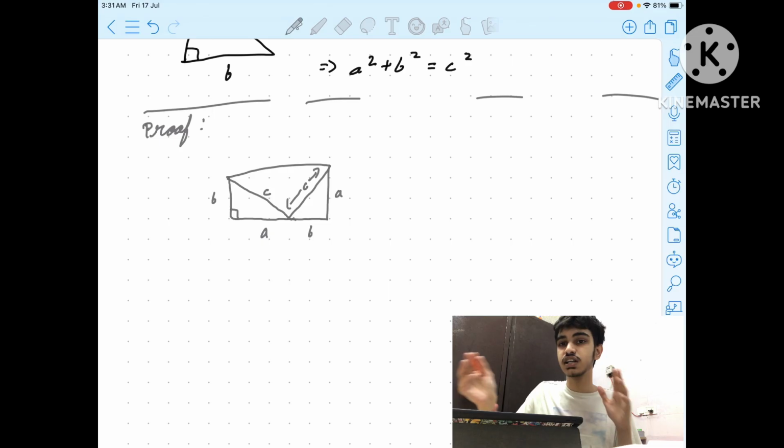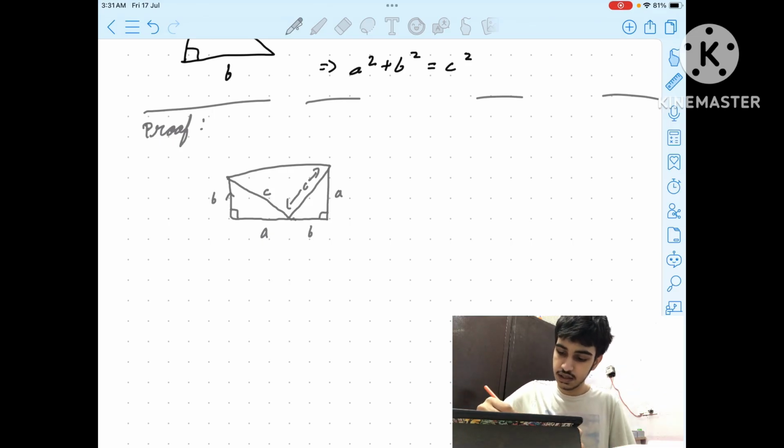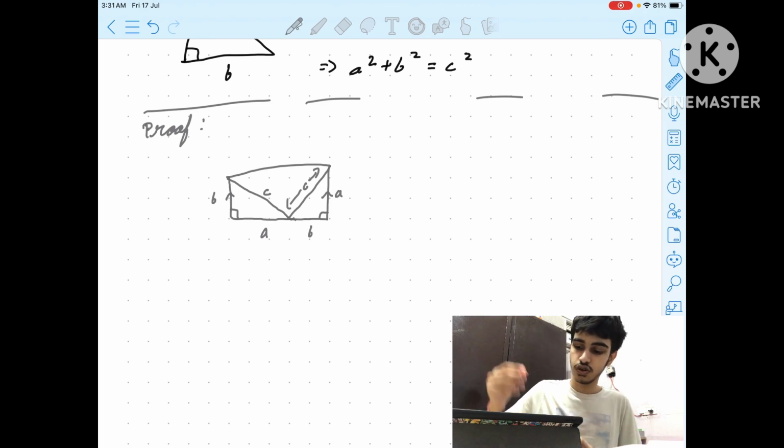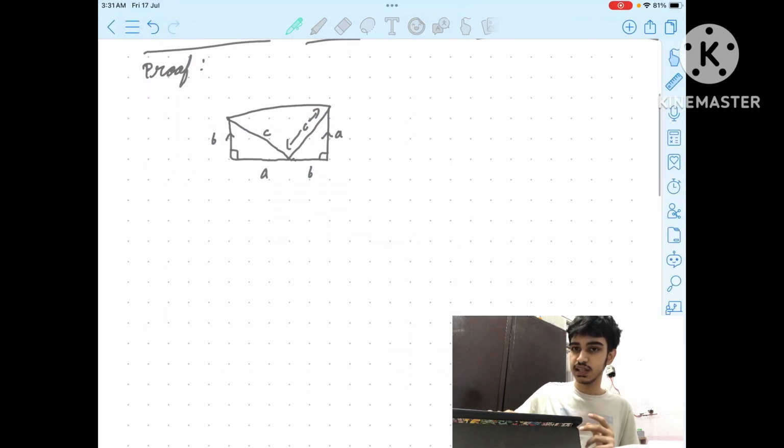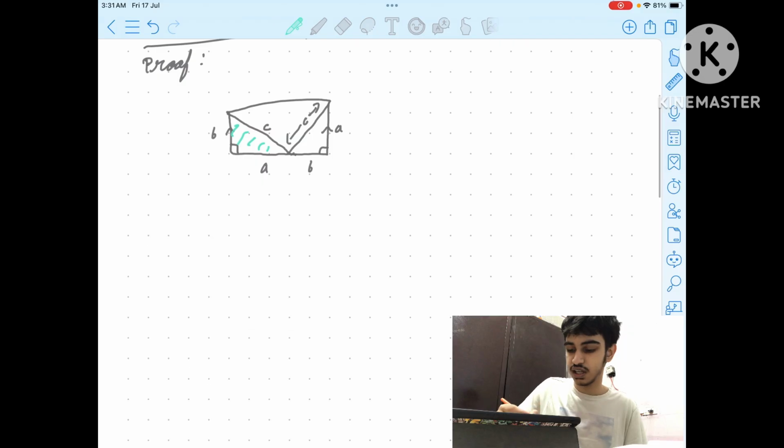So it's a trapezium. If you could see, this and these sides are parallel. So let's write the area of this trapezium. Let's do it with the help of triangles. Let's write the area of this triangle.